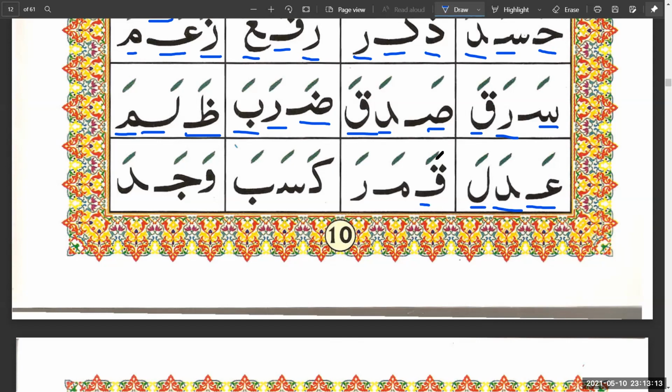Qaf, fatha, qa, mim, fatha, ma, and ra, fatha, ra. Qa ma ra. Next one. Kaf, fatha, ka, sin, fatha, sa, and ba, fatha, ba. Ka sa ba.